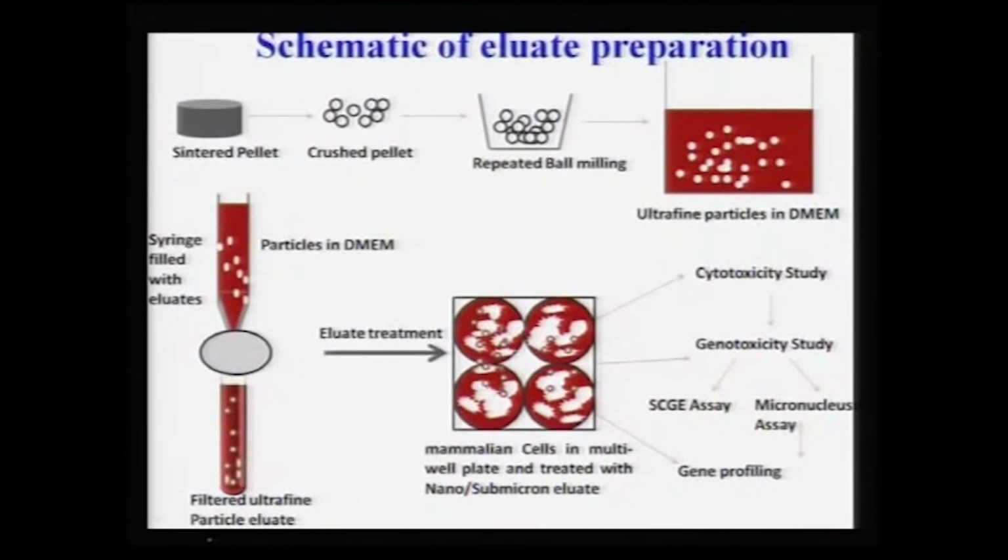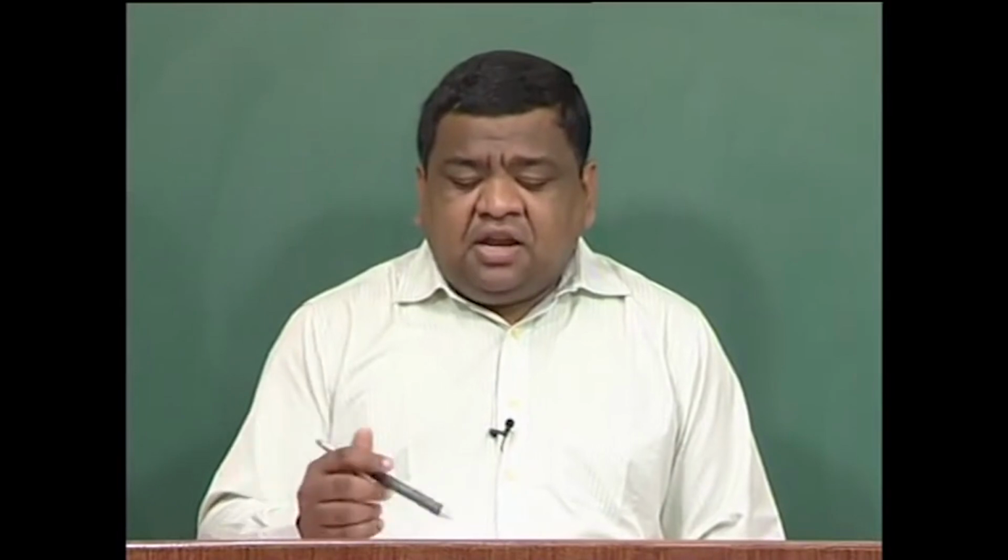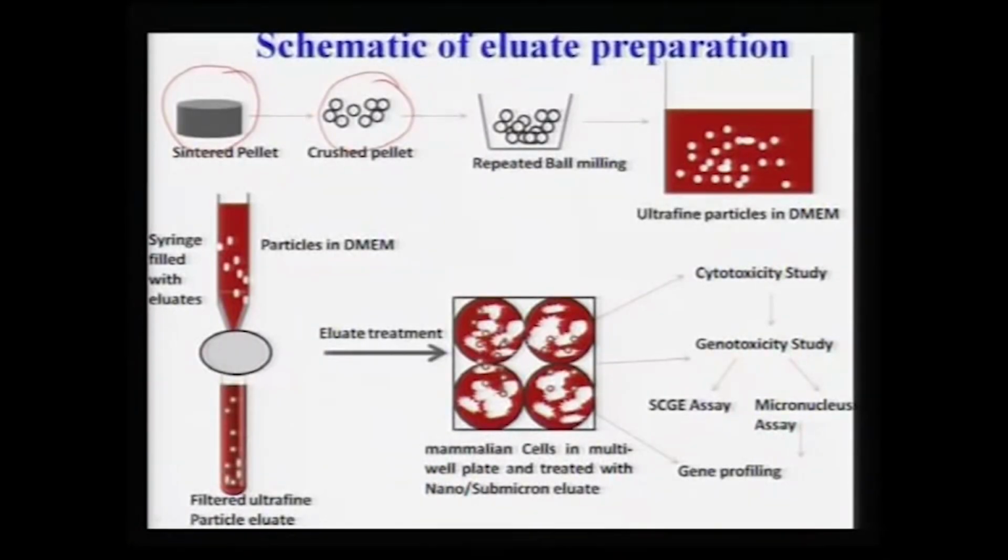So, now the question is how we can prepare these nanoparticles, although I mentioned it very fast in the last lecture, so let me refresh your mind. You have the sintered pellets, which is a compact of some powder-based material. Then you crush it to make coarser particles, and do repeated ball milling.